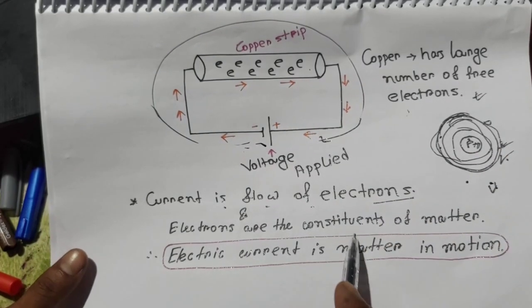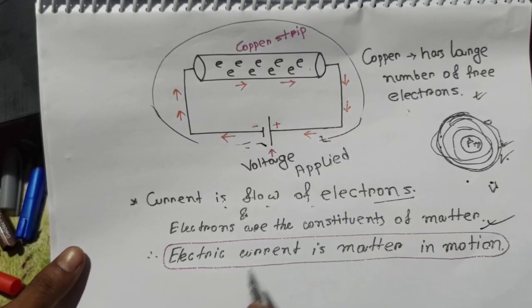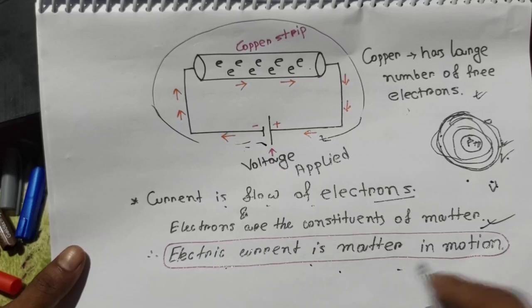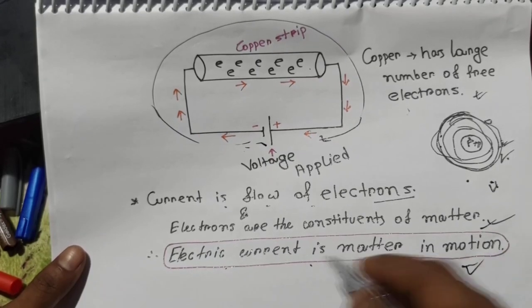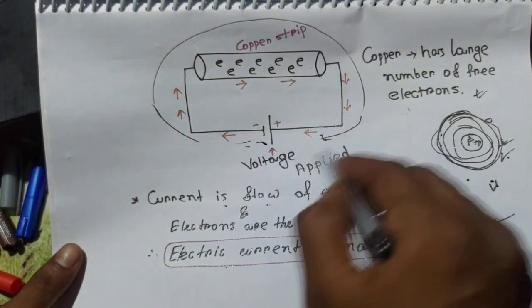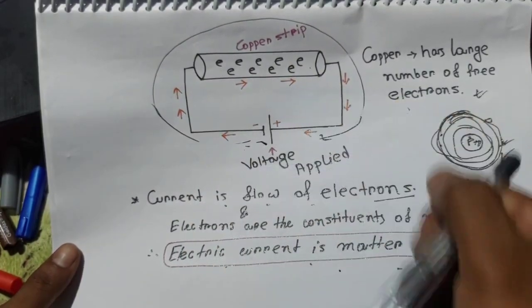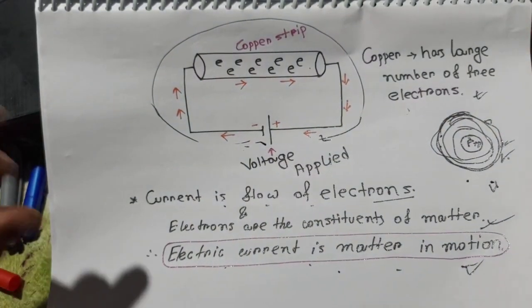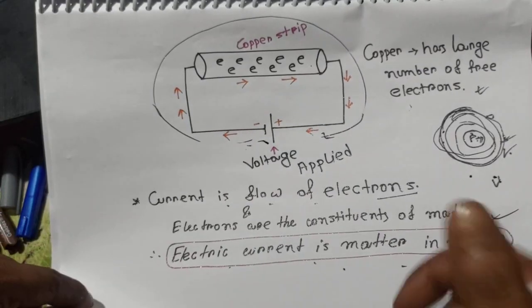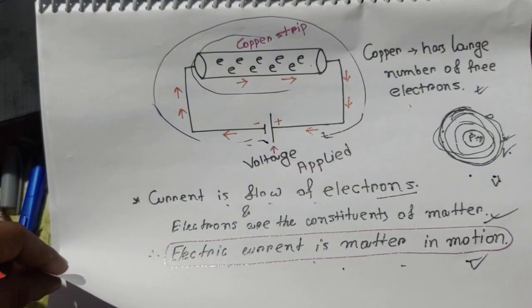The electrons are a constituent of matter, so electric current is matter in motion, moving from negative to positive side when voltage is applied to the conductor. Here the conductor is assumed to be one copper strip.